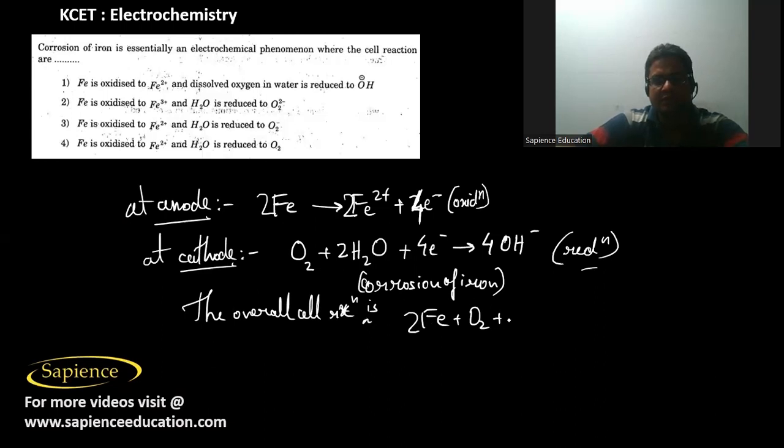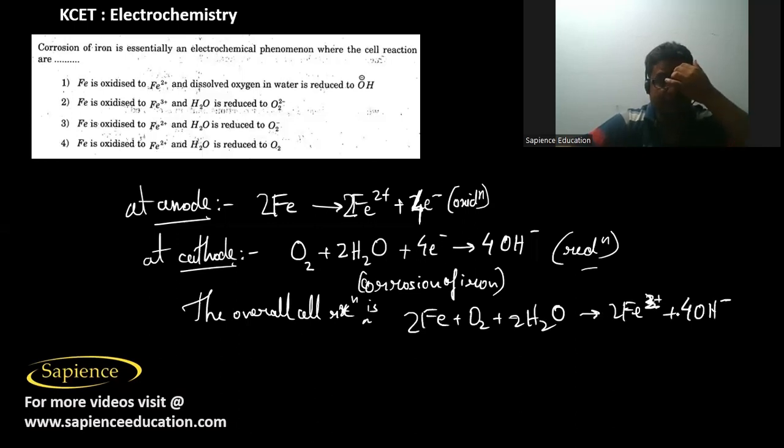So 2 Fe plus O2 plus 2 H2O gives 2 Fe2+ plus 4 OH minus, or I can say it is 2 Fe(OH)2 will be formed, means ferrous hydroxide.